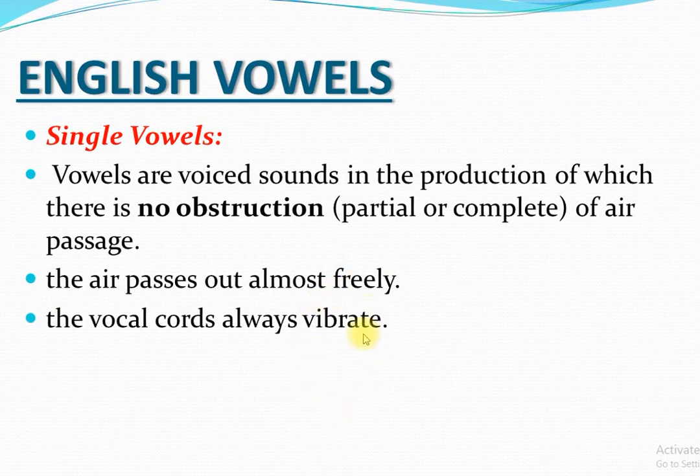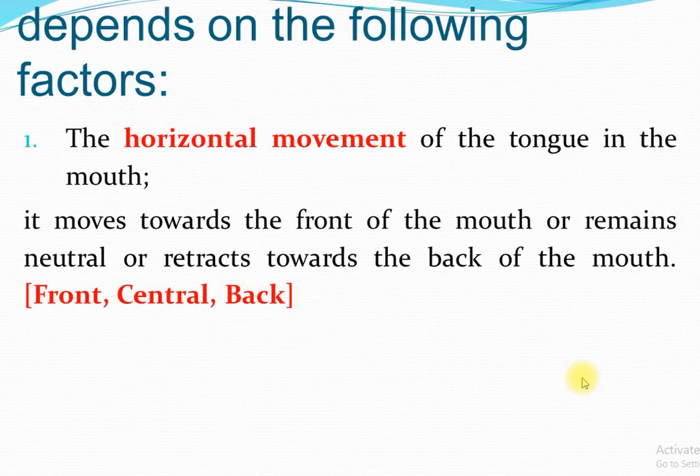This is very important. We also have the movement of the tongue, the movement of the articulators. The tongue is very important. It plays a very important role in pronouncing vowel sounds.